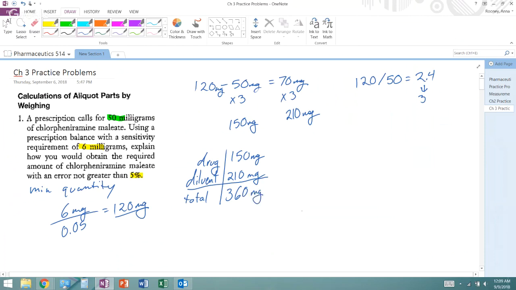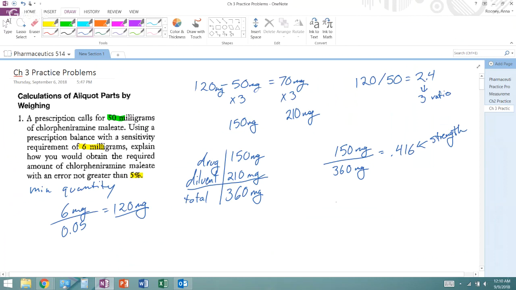Okay, so then we want to find the percent strength of our aliquot. So the percent strength is your active ingredient, which is your 150 milligrams, over the total of your aliquot, which is 0.416. So this is our strength. I will hit ratio.